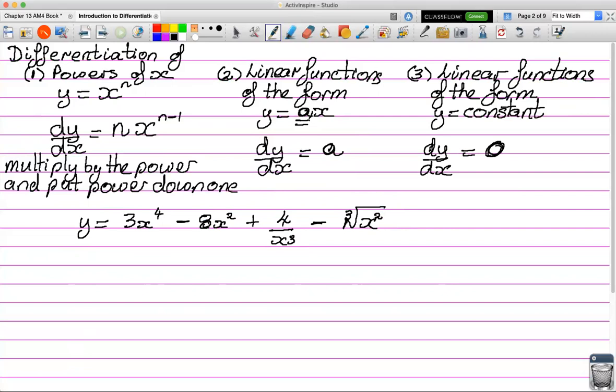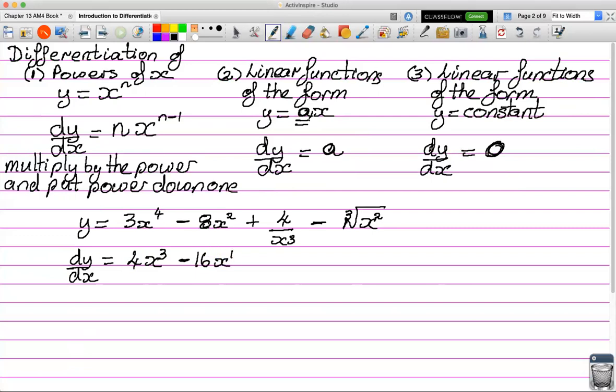The most common error is that people will start to differentiate this. They will do dy dx, because that's what happens. You differentiate y, you get dy dx. They then will do 4 3s, multiplying by the power, put the power down 1. Then they will do 2 8s, which gives you minus 16, and then they put the power down 1.